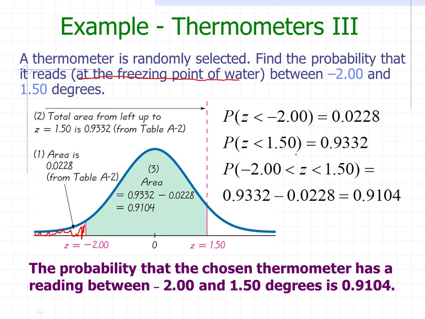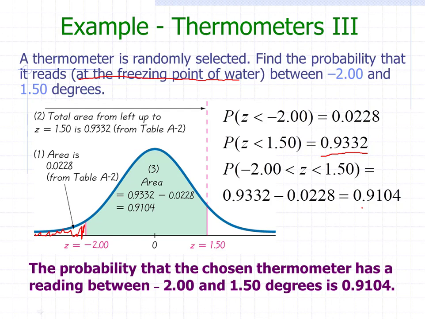And what's the area below a positive 1.5? And we'd find that from the table. Well, if I want to know between there, I'm going to take the area that's lower than 1.5 and I'm just going to snip off the tail that's below the negative 2. And so that's why we're going to do this math.